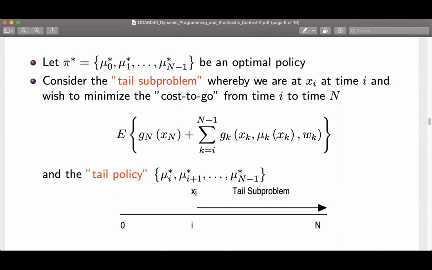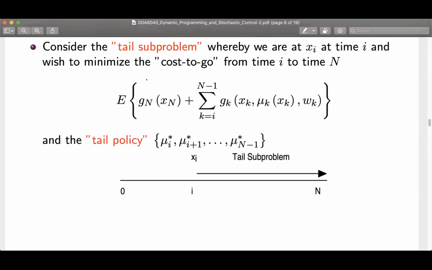So k equals i to k equals n-1. We sum up all the costs in this period, and finally we add the terminal cost function gn. This is the cost to go function, the total cost of the tail subproblem. Correspondingly we have the tail policy.